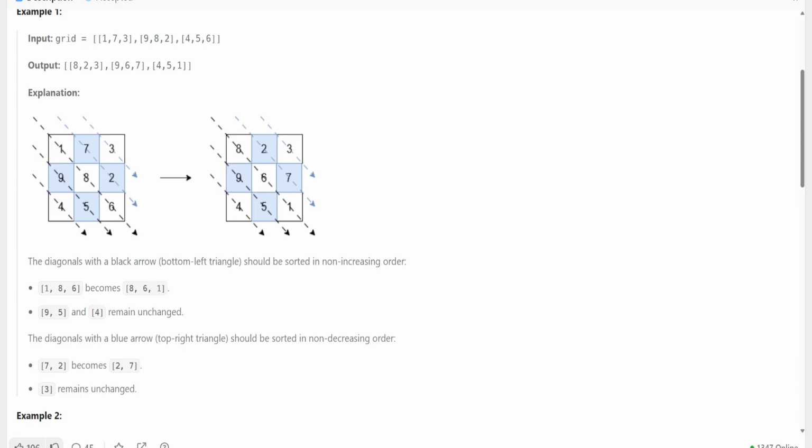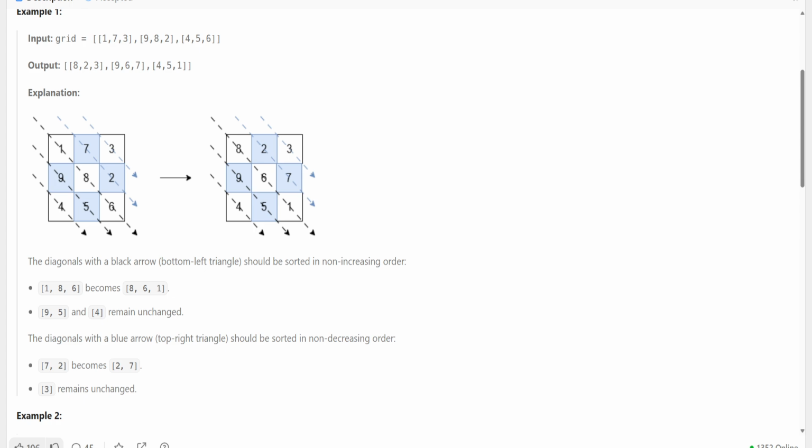If we sort them in descending order, it will become 8, 6, 1. Then the next cell is 0 1, then 1 2, so we talk about the 7 and 2. We have to sort in ascending order, meaning increasing order, so it becomes 2 and 7.